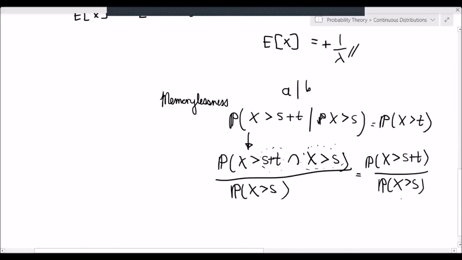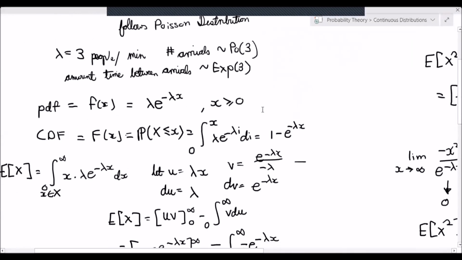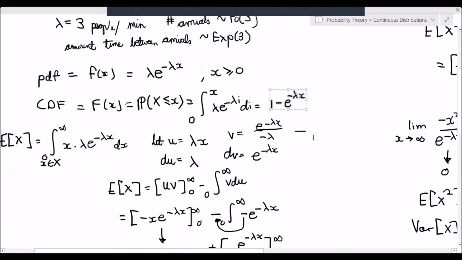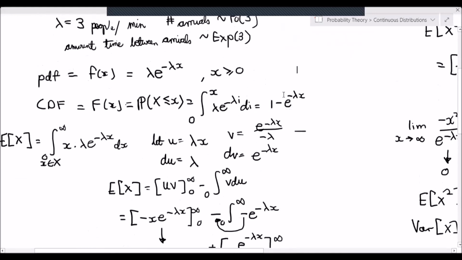And this is equal to, we already derived the cumulative distribution function over here, 1 minus e to the negative lambda x. But this is for the probability that x is less than or equal to x, so we'll have to take 1 and subtract this result from it.